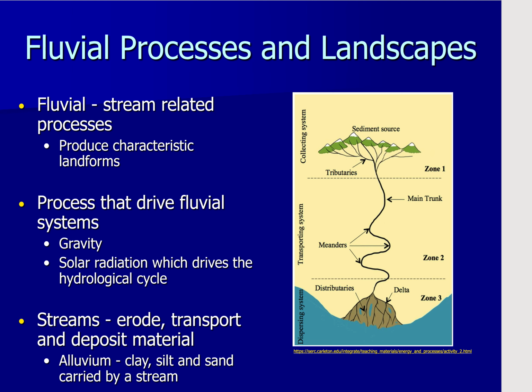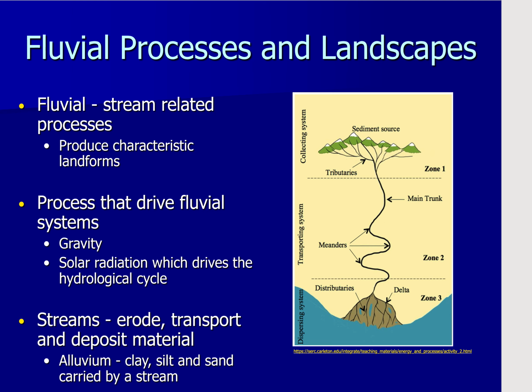Transportation takes place in here because the rivers and streams and brooks are constantly moving. We've got a middle zone, which is mostly transportation, but both erosion and deposition also occur in this middle zone. And then the third zone has all three elements: erosion, transportation, and deposition, but this is mostly a deposition zone.